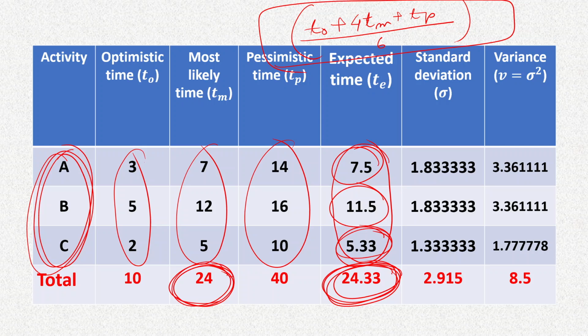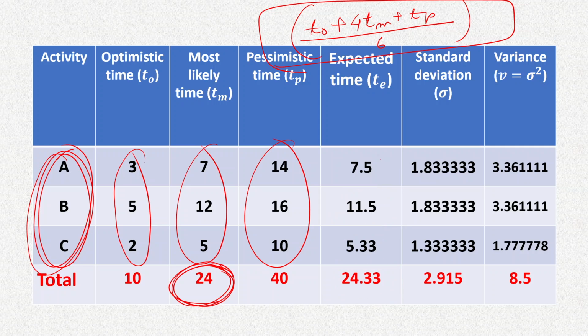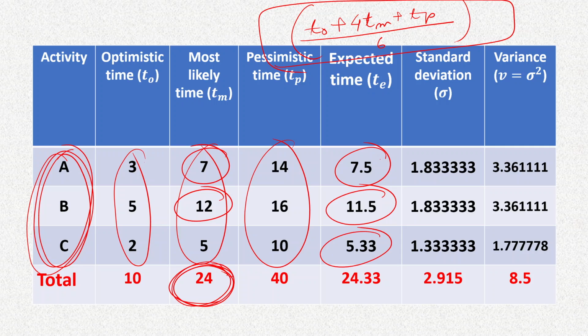So therefore these expected durations are quite close to the most likely durations, and therefore the final expected duration of the total project is also very close to the most likely duration of the project.